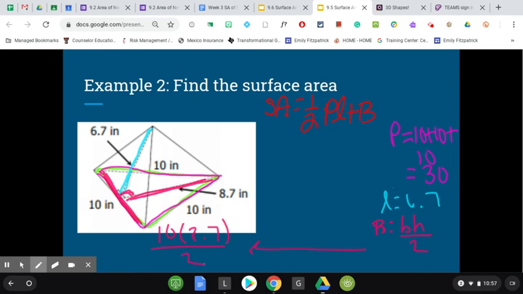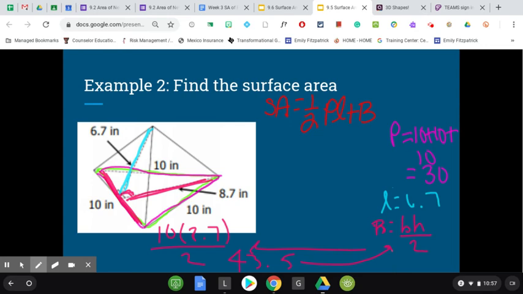Let me calculate that out real quick. Sorry, I didn't have these numbers calculated out already. Okay, and I get 43.5. So that is the big B. That is the area of the base.